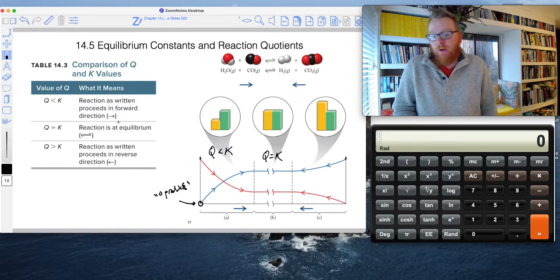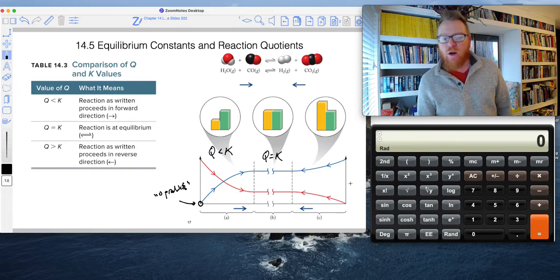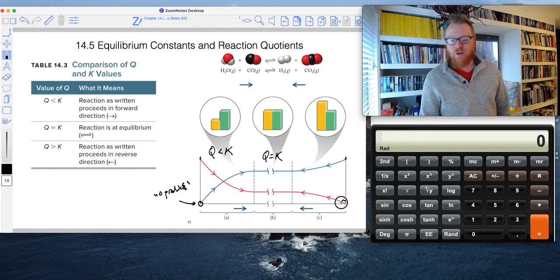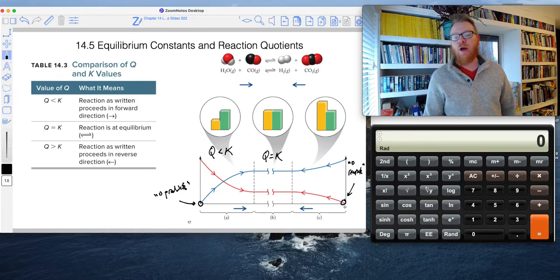Now what if we were starting over here, on this side? I'll circle this right here, and that would be 0 reactants. I'm sorry, that's very hard to read. So that would be 0 reactants to start with.